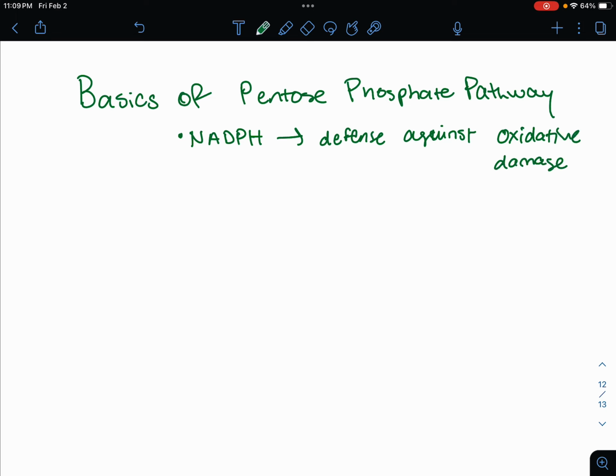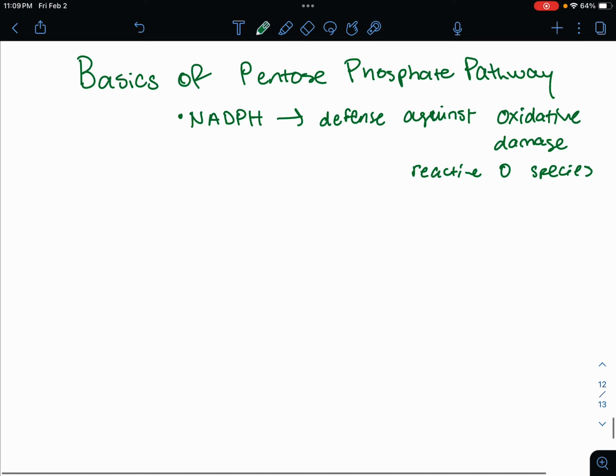For example, when we're going through all these pathways, we might make reactive oxygen species, and these really damage the cells. Again, oxygen is a very strong oxidative force, hence the name. So we need to make sure we have NADPH to protect against that damage.